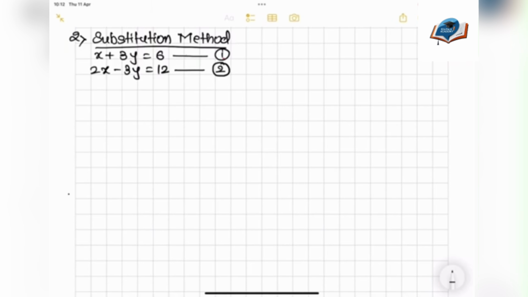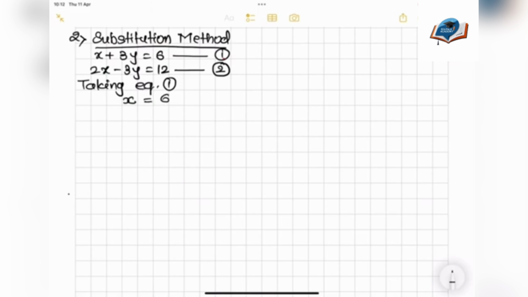Substitution means either I take the x value and put it in the second equation and remove x from that, or the reverse: I can take y equal to something and put it in the second equation and then remove that.